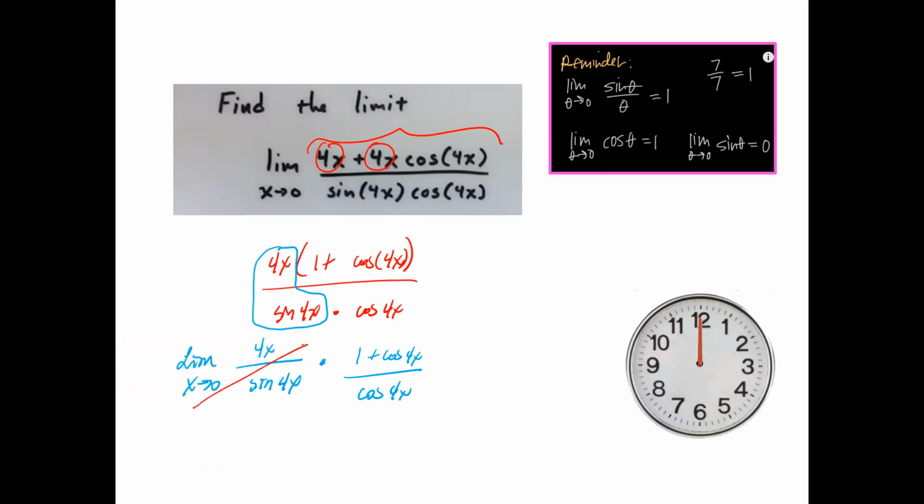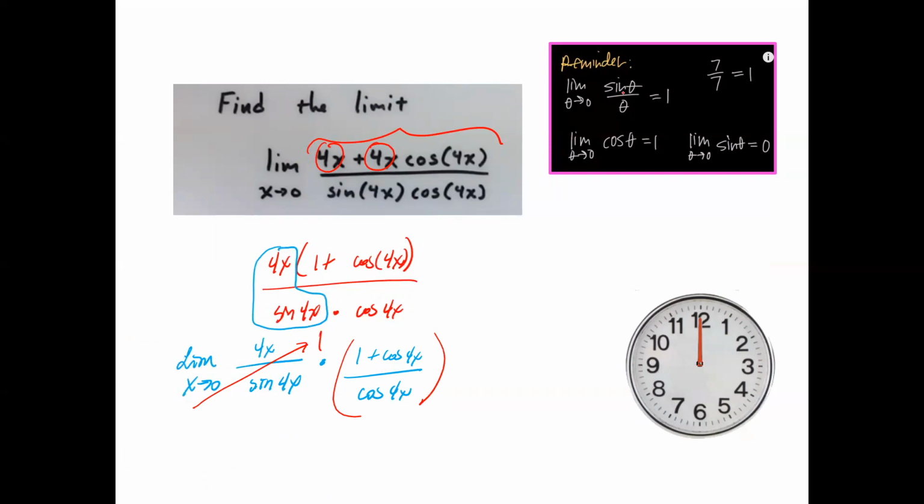I know that this first part right here will become a 1. And the second part, there's nothing that I can do to make the second part here using one of these reminders. And you don't have to use those reminders, but it's always good to be able to use it.